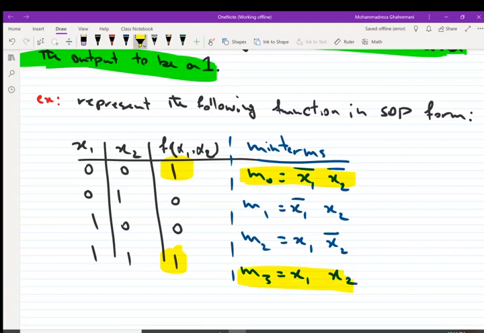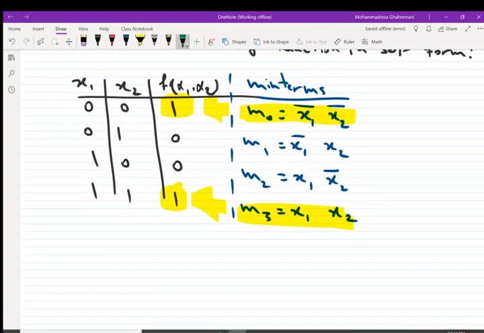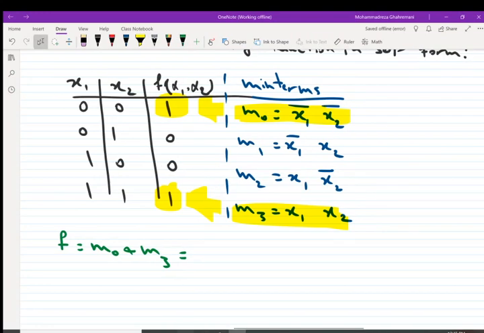So these minterms cause the output of 1, and we can say the function is equal to m0 plus m3. Or we can show it in this form, the sigma of m0 and 3.